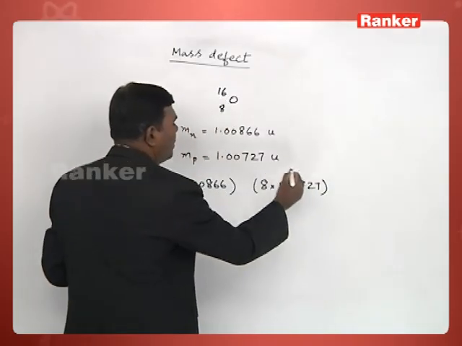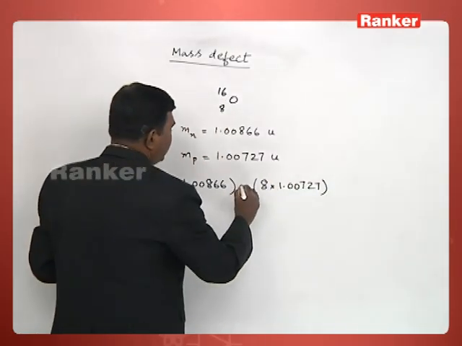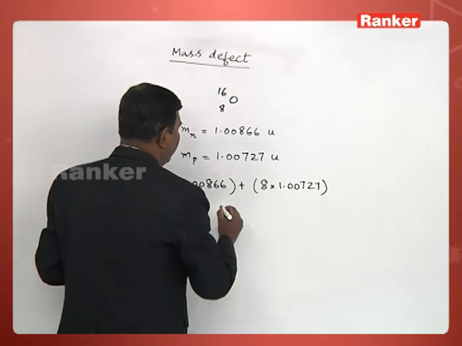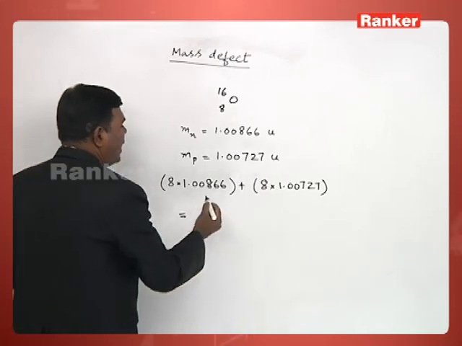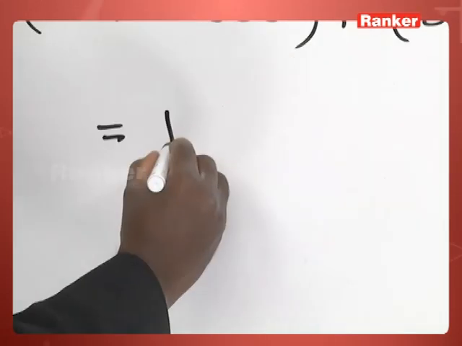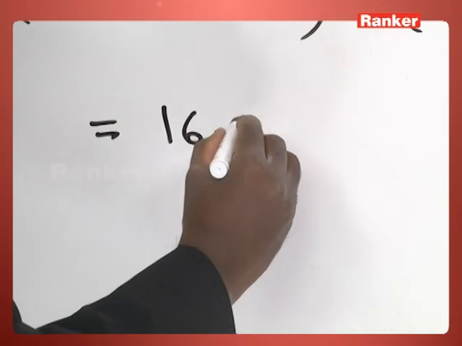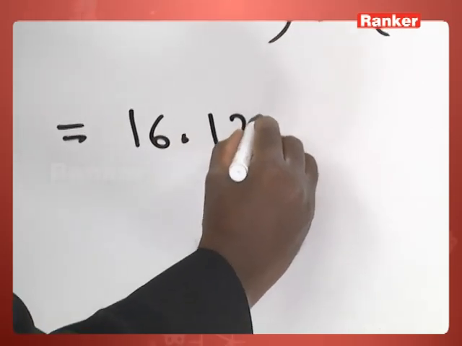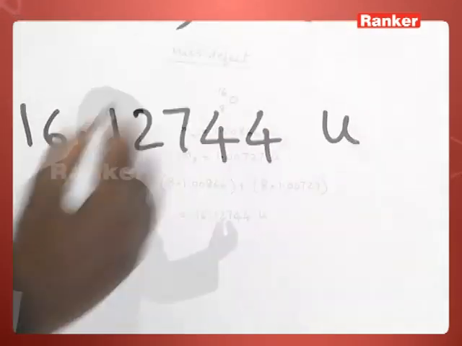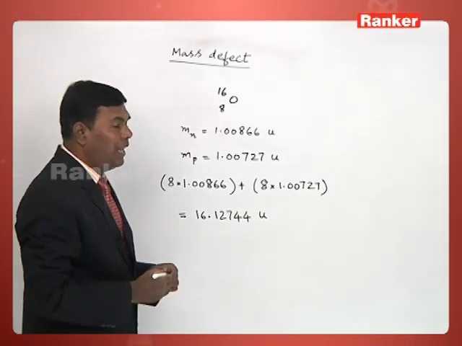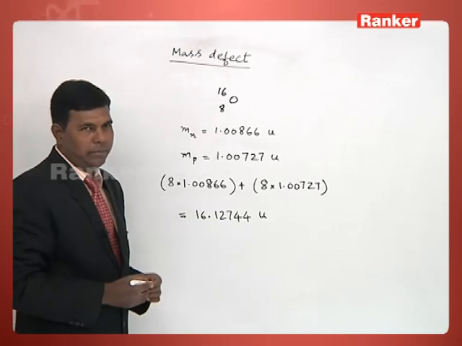That will give you the total mass of all protons. Take the sum, that will give you the total mass of the oxygen nucleus. If you add these two, it will be 16.12744. That is the theoretical value of the oxygen nucleus.